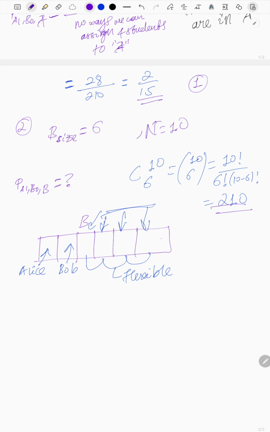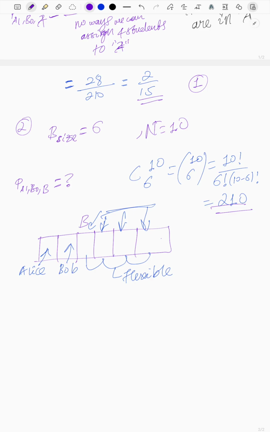So here we have to be careful. We need to choose 4 students in order to fill these 4 spots. From what? From the 8 remaining students, because we are assuming Alice and Bob are already assigned to group B. So we have flexibility only with 8 students remaining, and from these 8 students we need to know the number of ways we can choose 4 students.